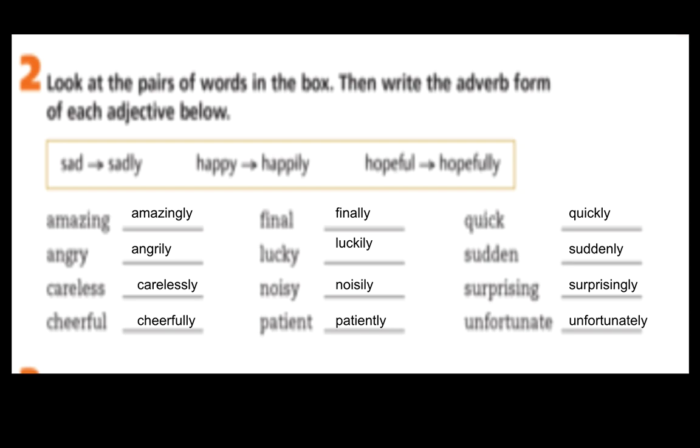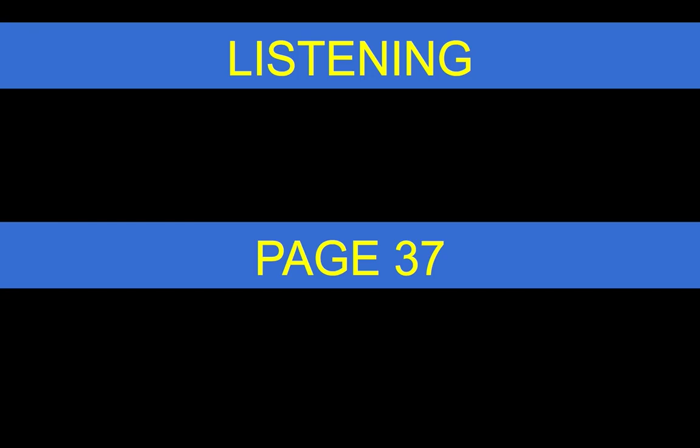Okay, so we have adjectives and adverbs. For the next exercise, we will do the listening. You can check page 37. There's a man and a woman. If you look in the picture, the man wearing the blue denim shirt, his name is Anthony, and he's talking to the red-haired girl.